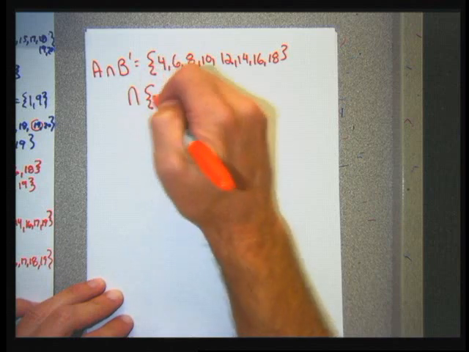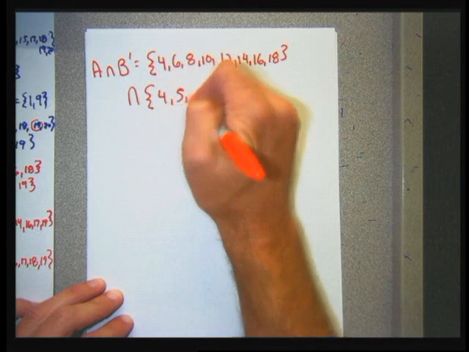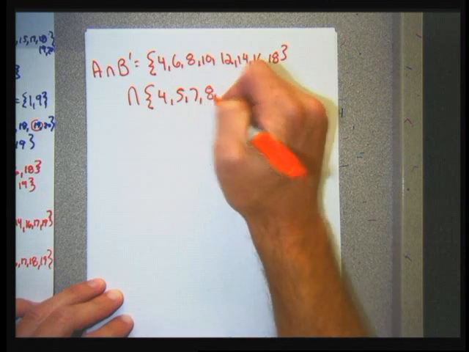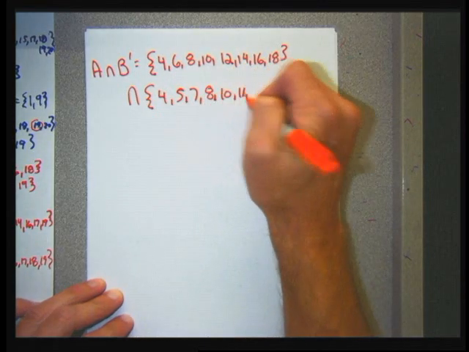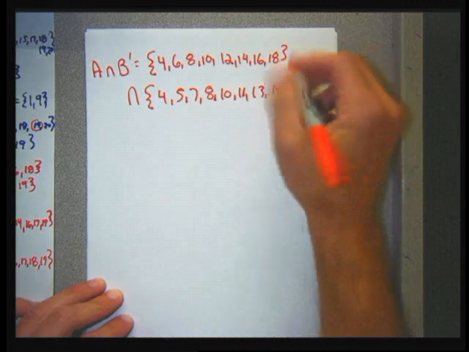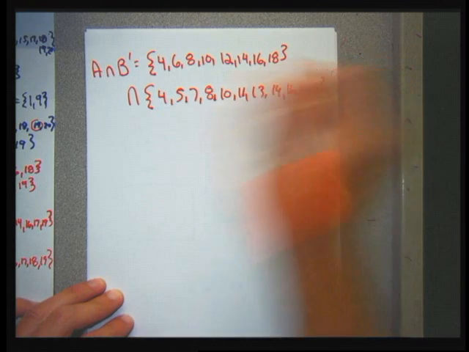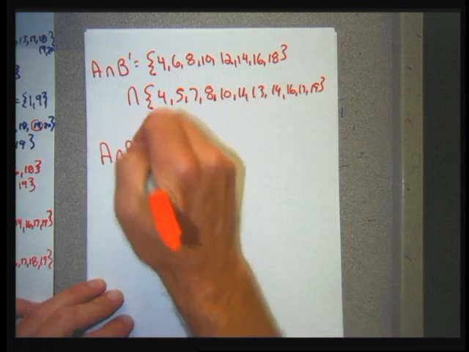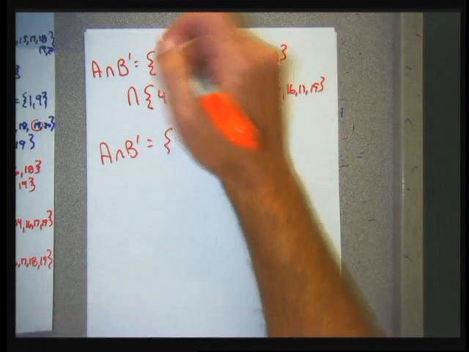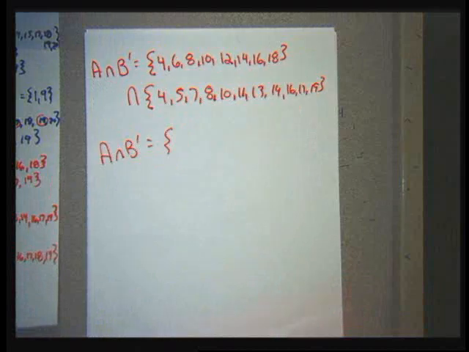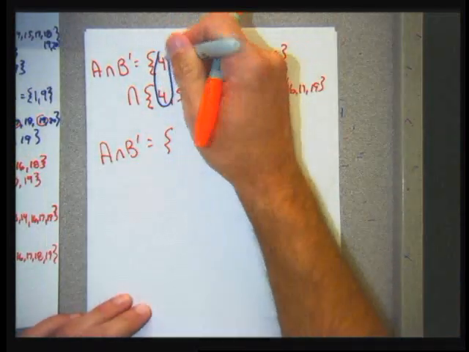B prime is 4, 5, 7, 8, 10, 11, 13, 14, 16, 17, and 19. To do A intersection B prime, it's what these two sets have in common. They both have the number 4, so that's going to be part of my intersection.